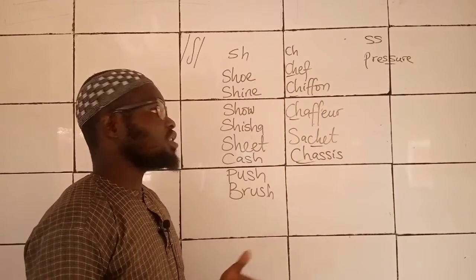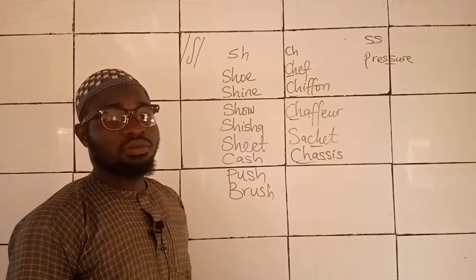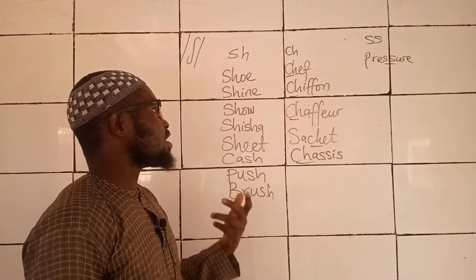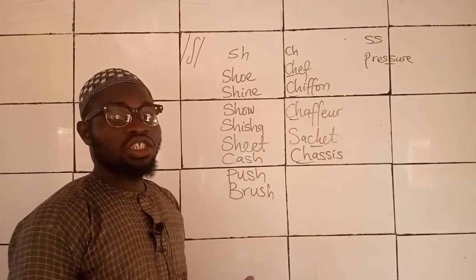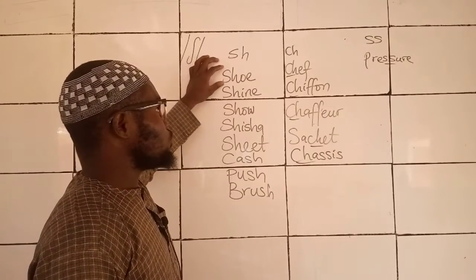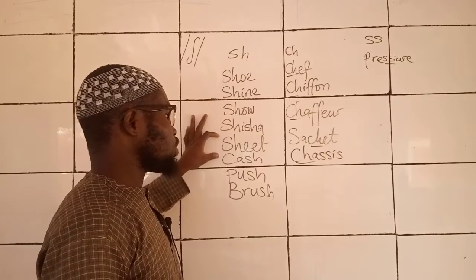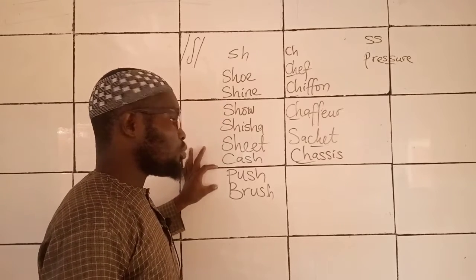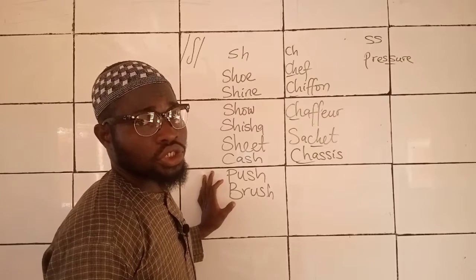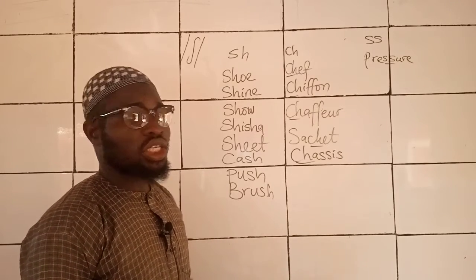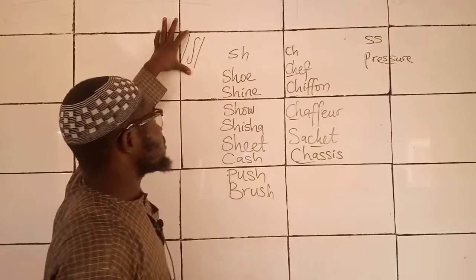First, we have SH, which is the major representation of this sound. So letters SH are pronounced as sh. So we have shoe, shine, show, shisha, sheet, cash, push, and brush. Find that the SH in these words are pronounced as sh, and they are realized as this sound.